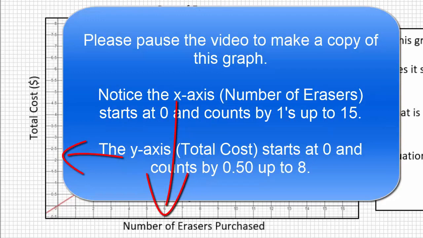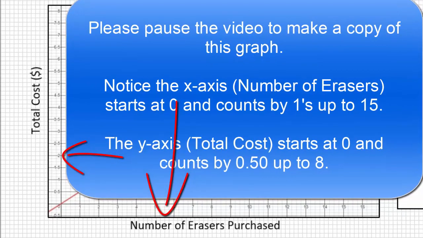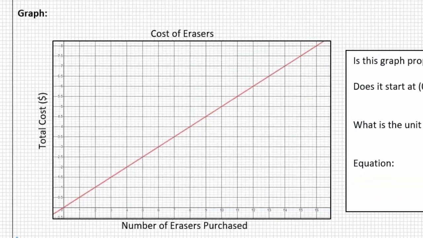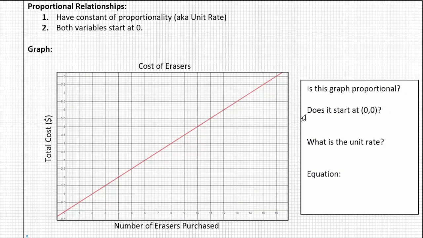So let's examine this further. We want to know, is it proportional? So, thinking about our two requirements, does it start at 0, 0? Meaning, when the number of erasers purchased, the x variable, is 0, is the cost also 0?